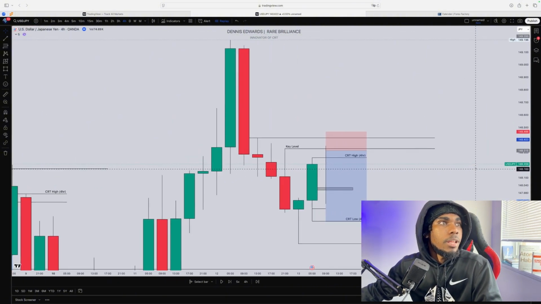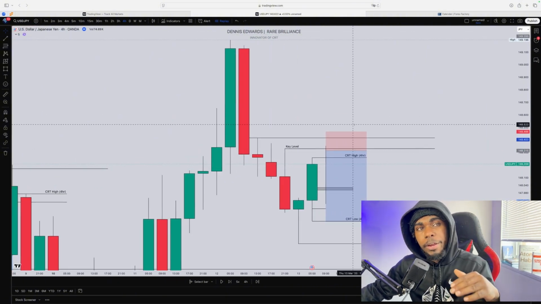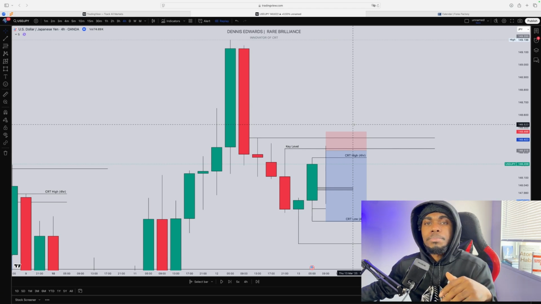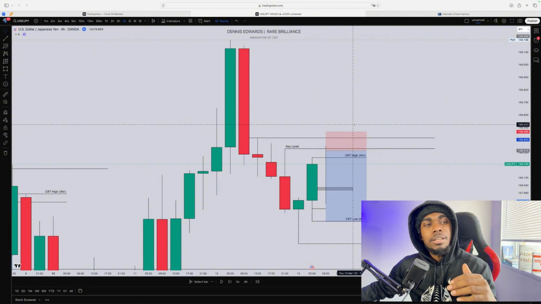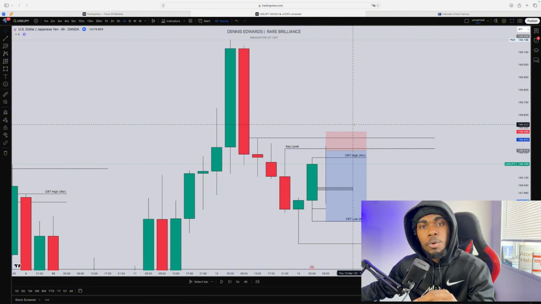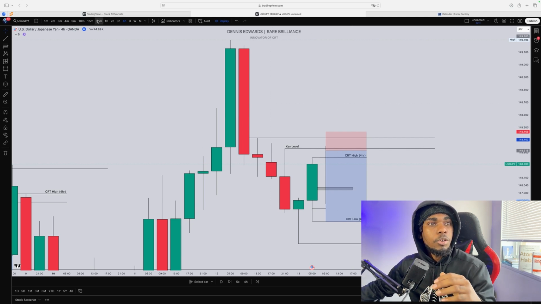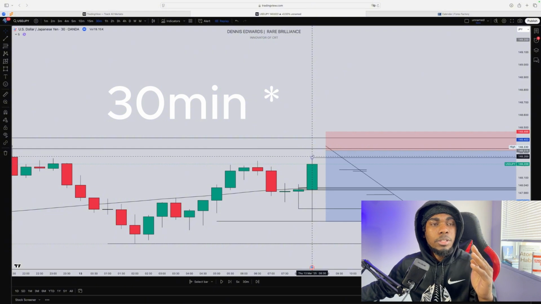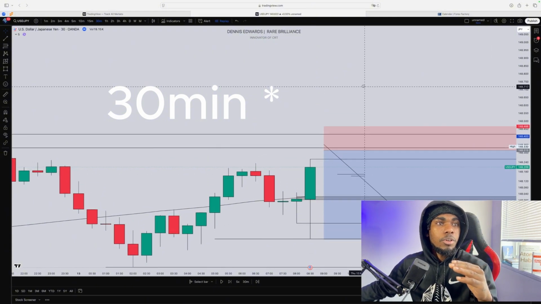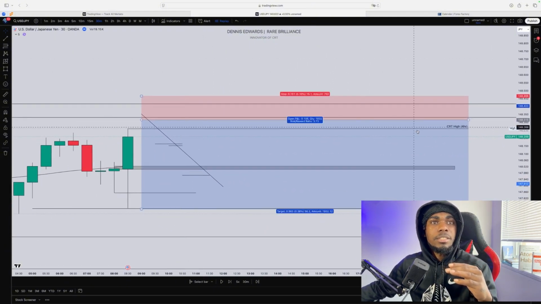Okay, let me go down to a lower time frame, because you have to understand that a 4-hour CRT has a higher probability if it connects with a 1-hour or 3-hour CRT on the lower time frames. Just off of checking that, we have our 3-hour CRT candle that matches our 4-hour.